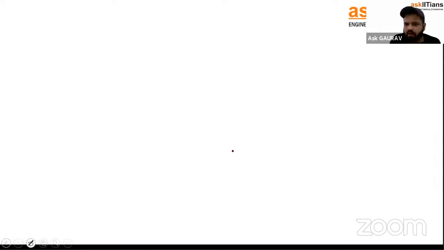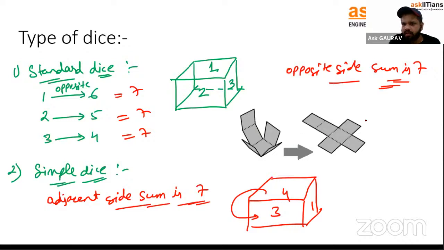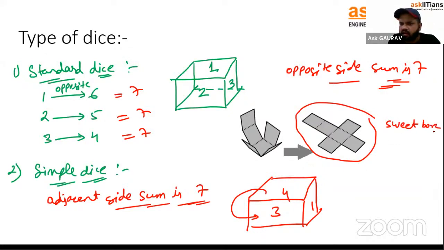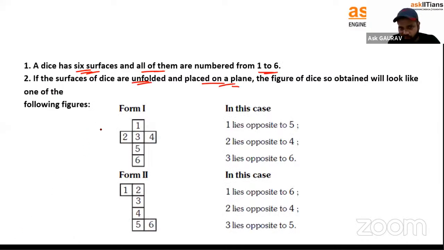A diagram is there already; this is what unfolded is. You can also imagine this as a sweet box or any box: just unfold it and try to form it another way. So there can be a number of forms of your unfolded dice, and based on that, questions are generally asked.